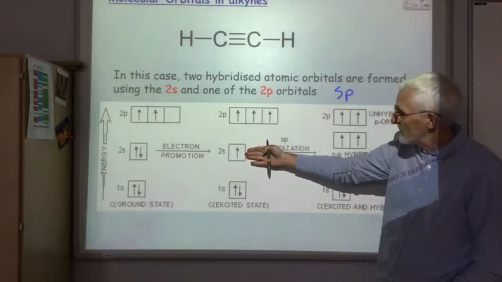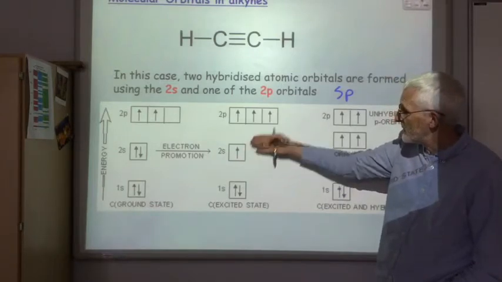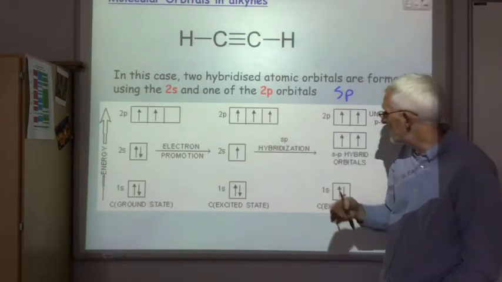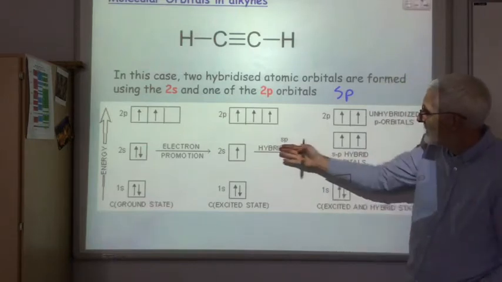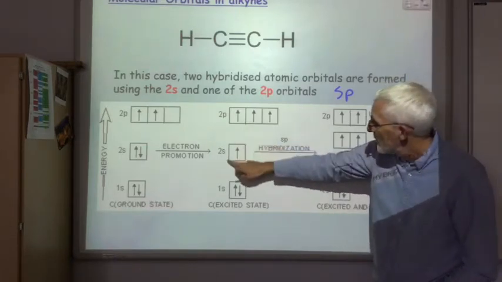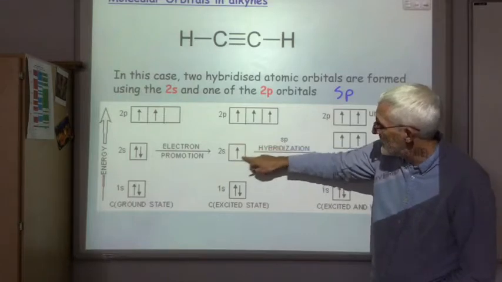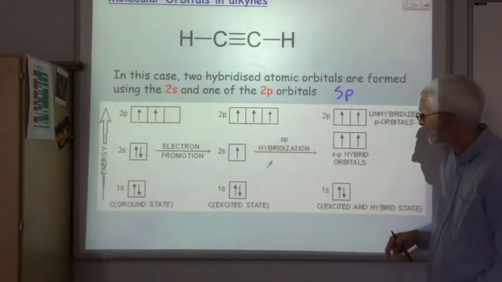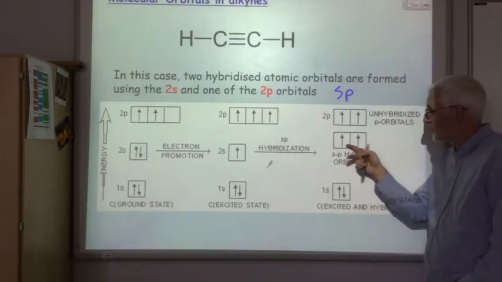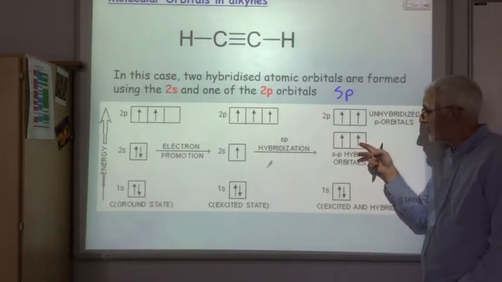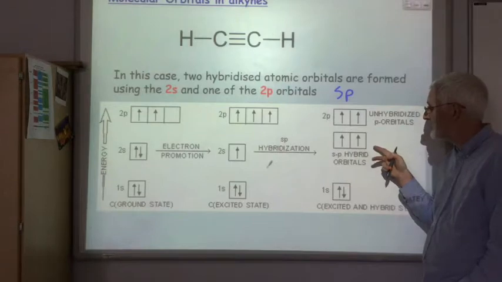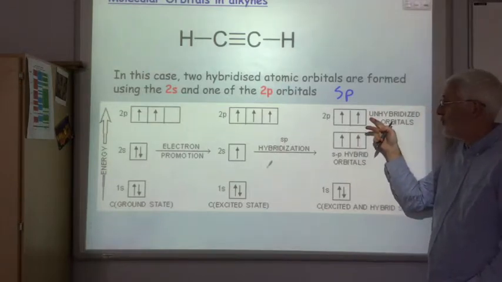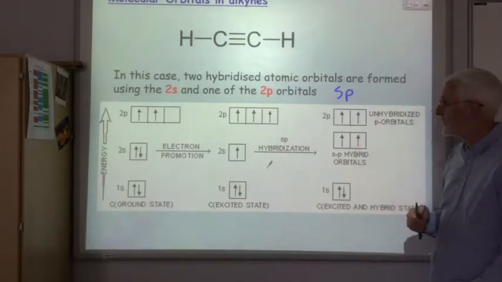One of the 2s electrons gets promoted to the 2p orbital, and then the hybridization process involves the 2s orbital and just one of the 2p orbitals. So you get only 2 hybridized orbitals, and you've got 2 normal p orbitals left over.